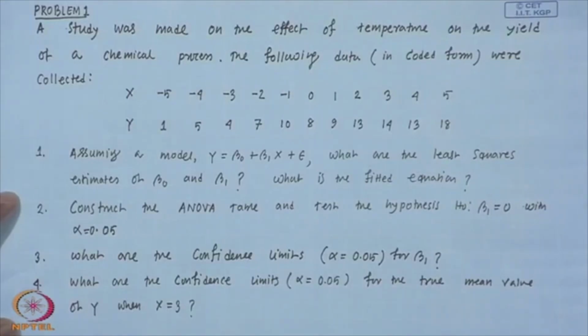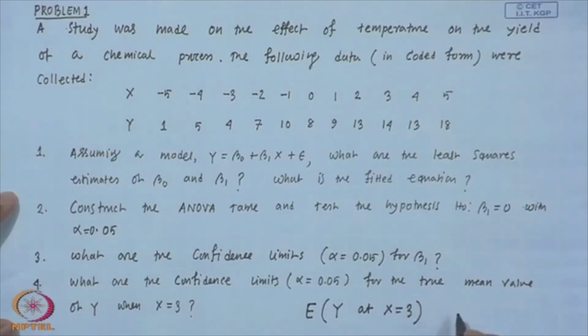It says that the fourth problem is: what are the confidence limits for the true mean value of y when x is equal to 3. Okay. So, what does this mean? We have to find the confidence limit for the true mean value, that is the mean of y or expected value of the response variable at x equal to 3.